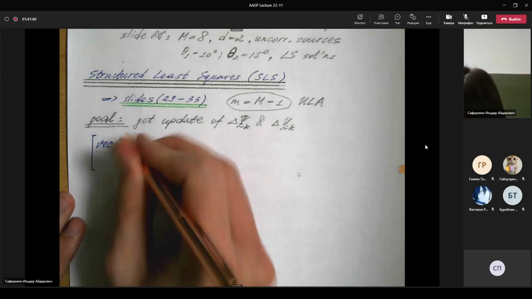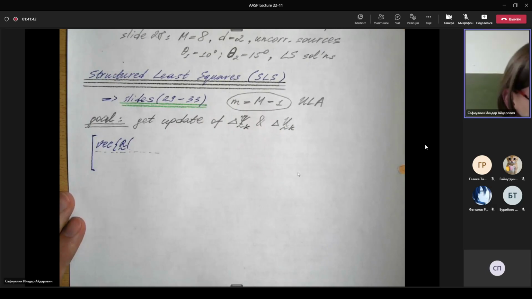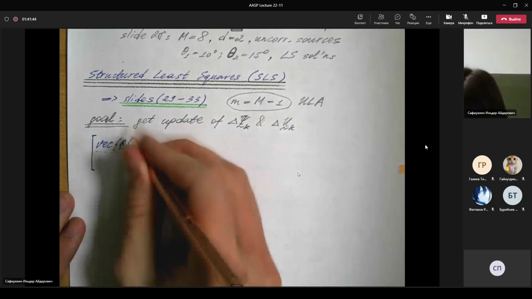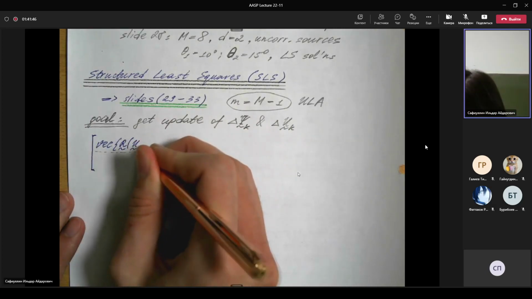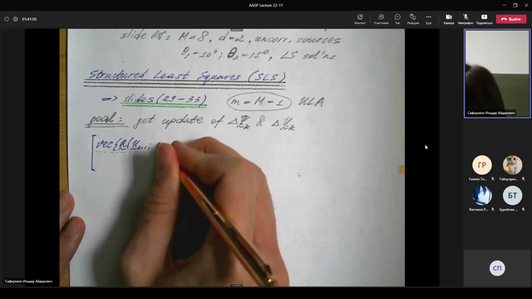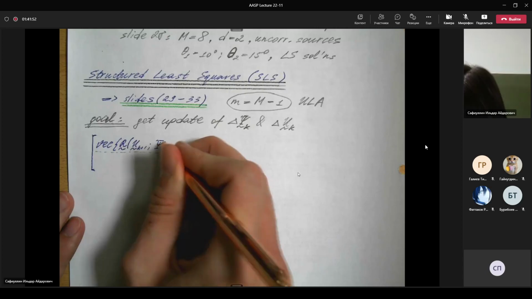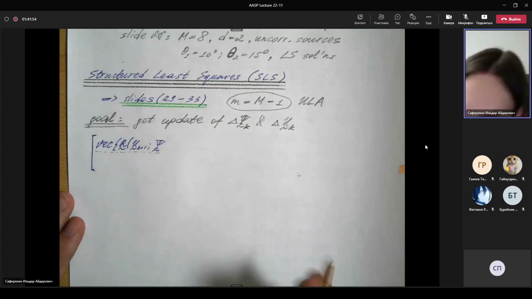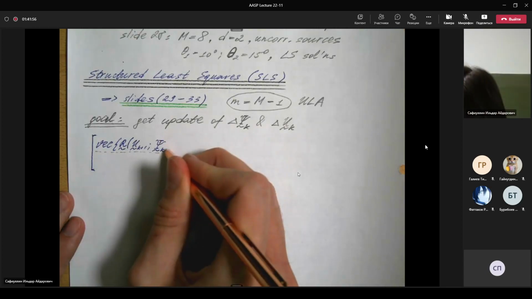Between U sub k plus 1 and psi sub k plus 1.